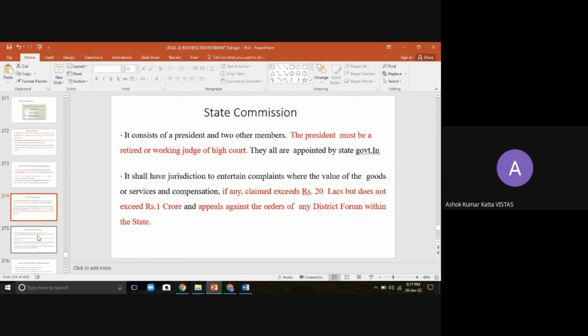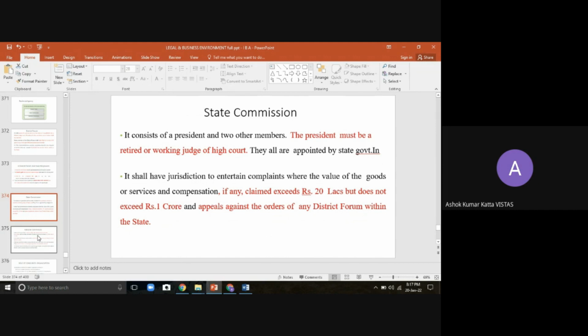When it comes to the state level, there will be one retired president, or else a sitting, currently working judge of the High Court, acting as president of the state level consumer protection commission. Here also the president will have two members available compulsorily, one of them a representative of women.